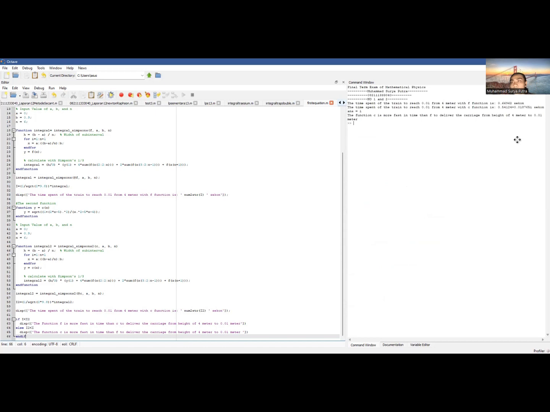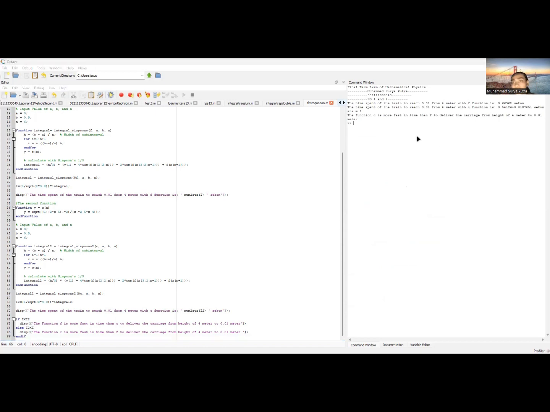So yes, this is working. So the time span of the train to reach from 4 meters to 0.1 meters with the f function, the first function, is 0.66962 second.